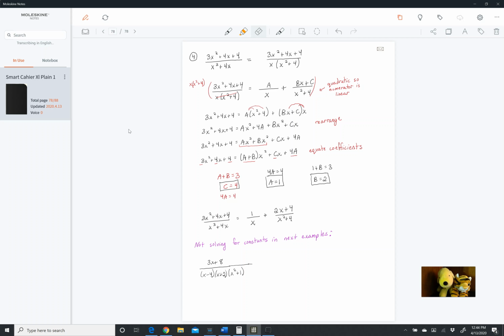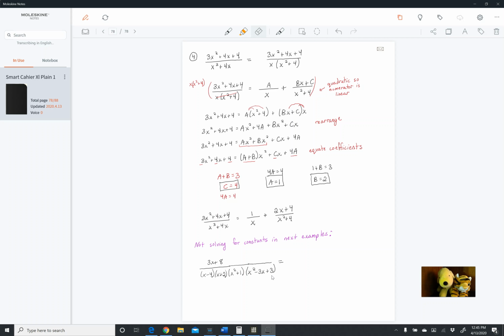Okay, and then let's even add in, since we're not worrying about solving for the constants, x squared minus 3x plus 3. Okay, so first of all, x squared plus 1 and x squared minus 3x plus 3 are not factorable, so we don't have to worry about that. And if I'm telling you not to solve for the constants, you should still make sure that you don't have things that are factorable. So we have 4 fractions here because we have 4 factors.